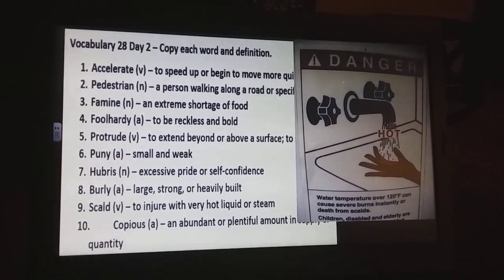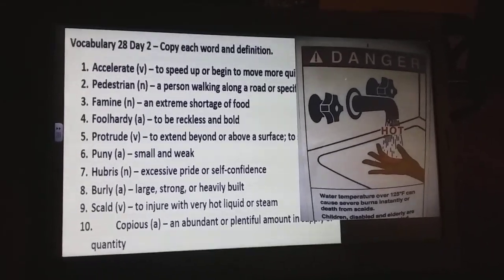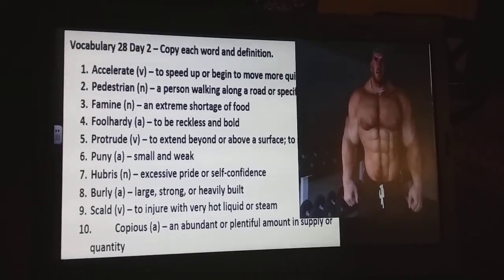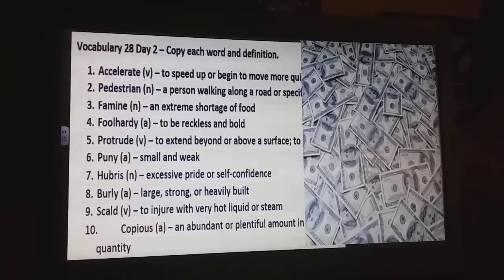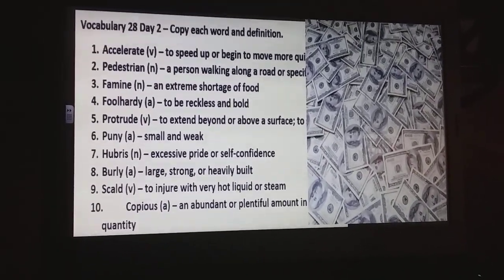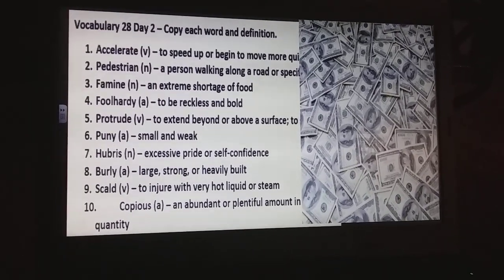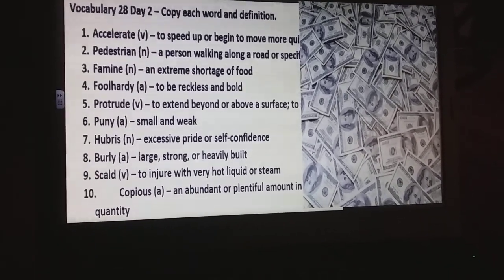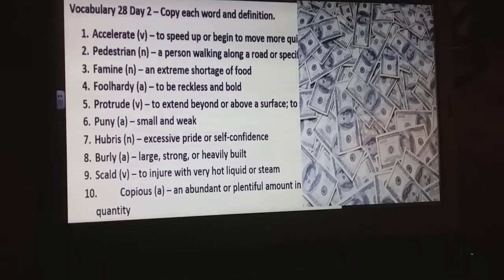It's kind of like having an over quantity. So, the example I chose here for copious would be someone who has a copious amount of money, someone who has a lot of finances.